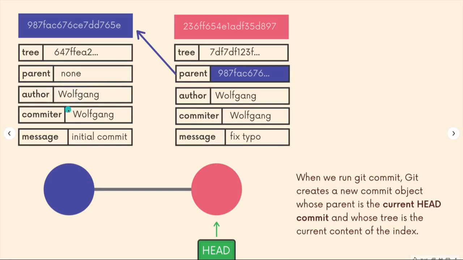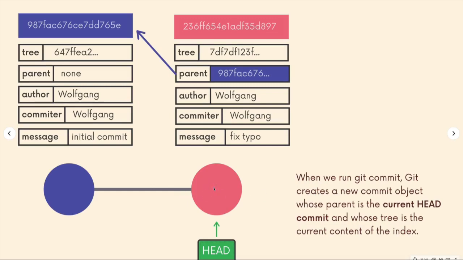There's an author, committer, there's a message, but the tree is the most important part that I want to talk about. When we run git commit, Git creates this new commit object for us, and it sets the parent to be the current head commit, so that makes sense probably, right? If we make a new commit, it's going to have the parent of our current head. So it would go over here and point back to this one.